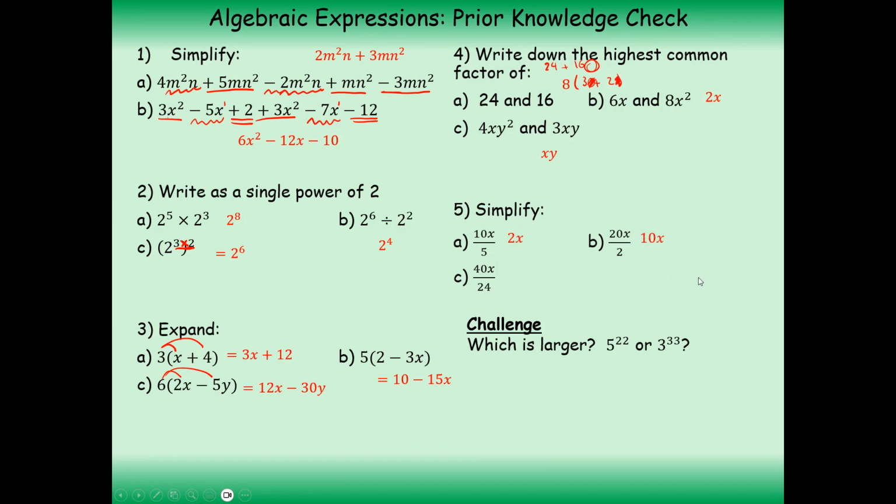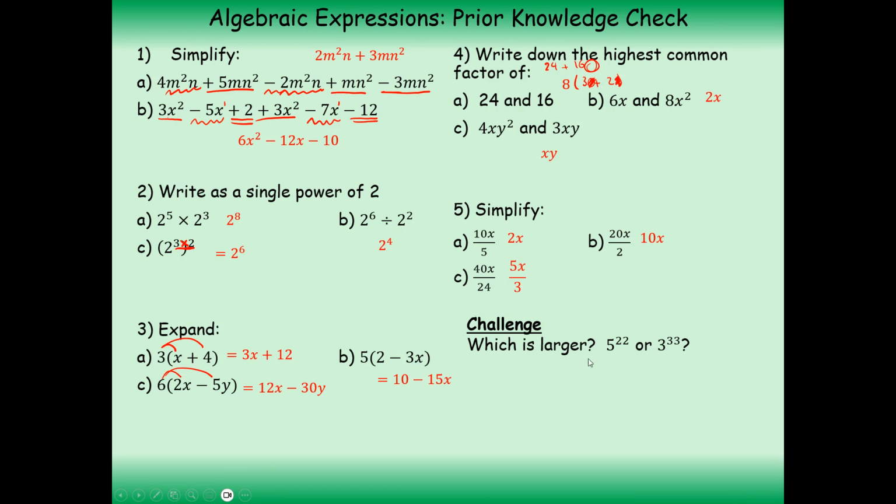Once again, we do 10x, and this time 40 and 24, the highest number that divides both of them. So divide by 8.